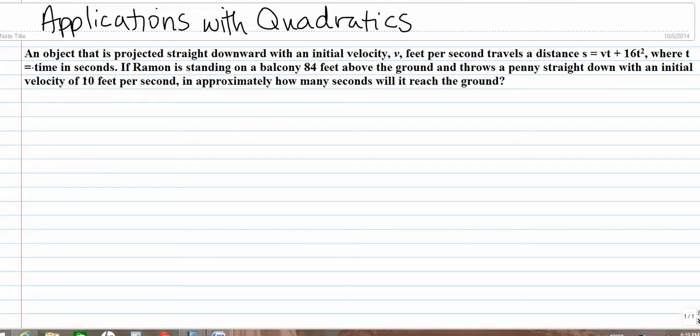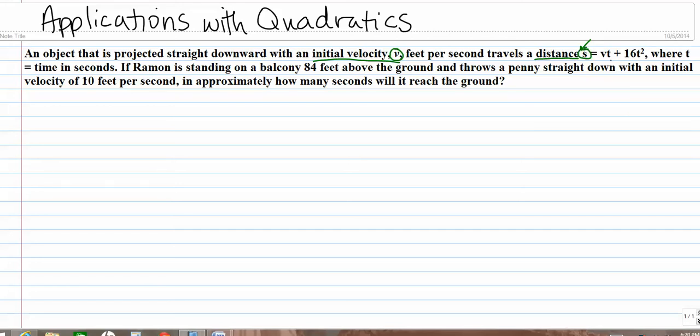So we've got an object that's projected straight downward with an initial velocity v, in feet per second, that travels a distance. So the equation is already solved for distance. That s is going to represent our distance.